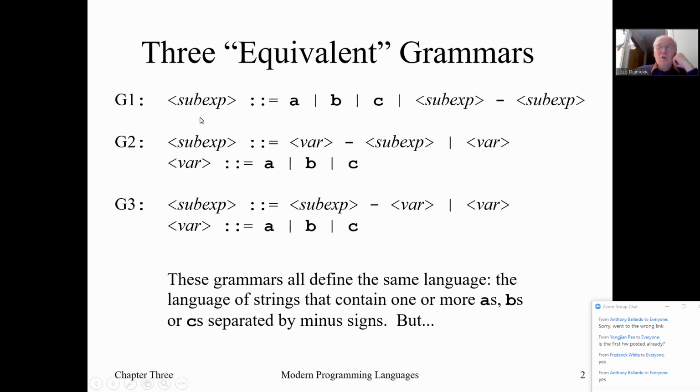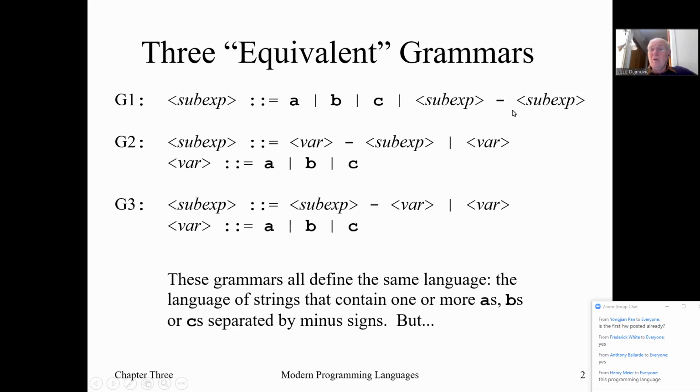He wants to define a simplified expression to show how this works and how syntax and semantics are not independent. The first grammar says sub-expression can be A or B or C or sub-expression minus sub-expression.